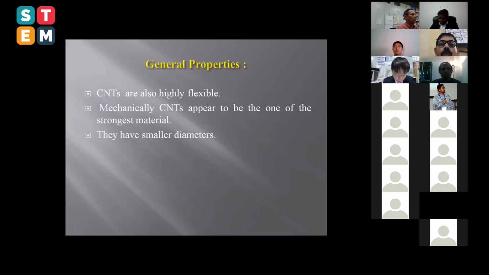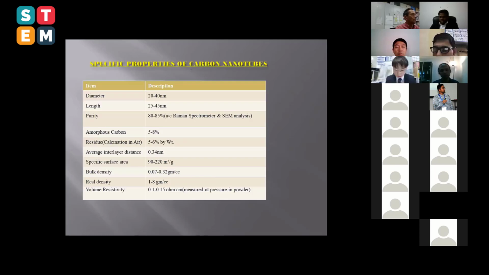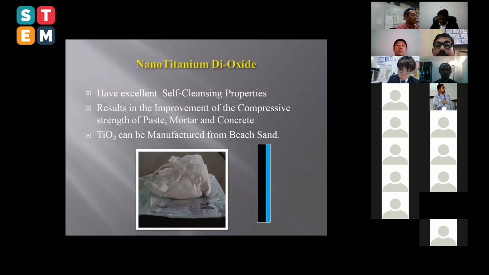CNTs are also highly flexible, and mechanically appear to be one of the strongest materials. They have a small diameter, stiffness and strongest fiber, and are very good for fire rating, fire resisting. Some specific properties of the carbon nanotube used are the diameter, length, purity, amorphous carbon content, specific surface area, and bulk density.